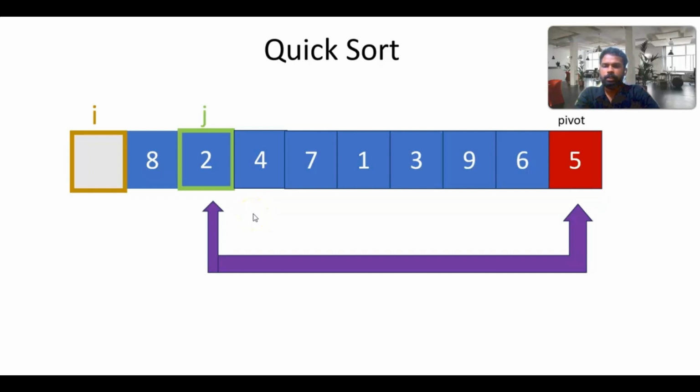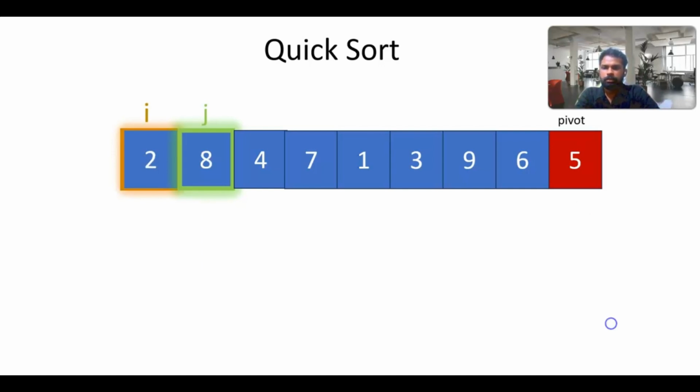And then again we compare 2 with the pivot value 5. This time the value of j is less than 5. So we increment i by 1. And then we swap the values of i and j.